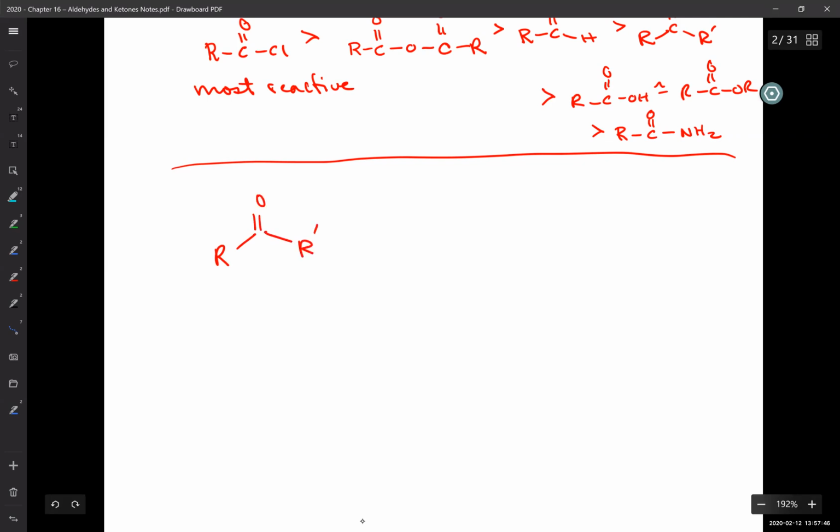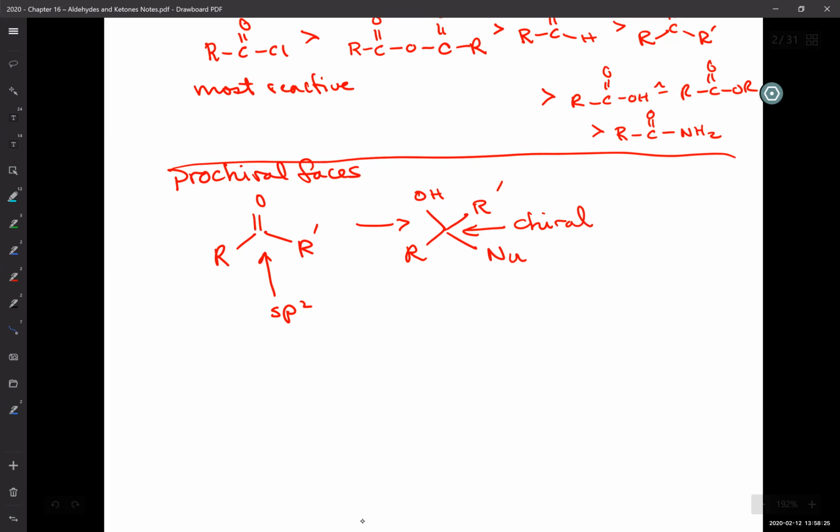So this is sp2. But then when you add a nucleophile in, it's Nu, not Na. This becomes chiral.